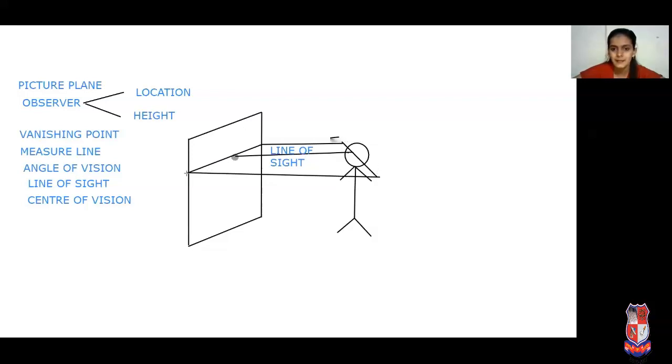It's like this. A horizontal plane coming out of our eyes, and this is also perpendicular to the picture plane. This plane is known as the horizontal plane.